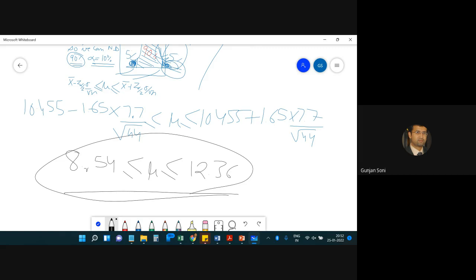But this average corresponds to a population which varies between 8.54 to 12.36, and it is acceptable. But 10% of samples will be falling outside 8.54 and 12.36. So we are 90% confident about this sample mean 10.455 with this confidence interval. Are you able to get it?